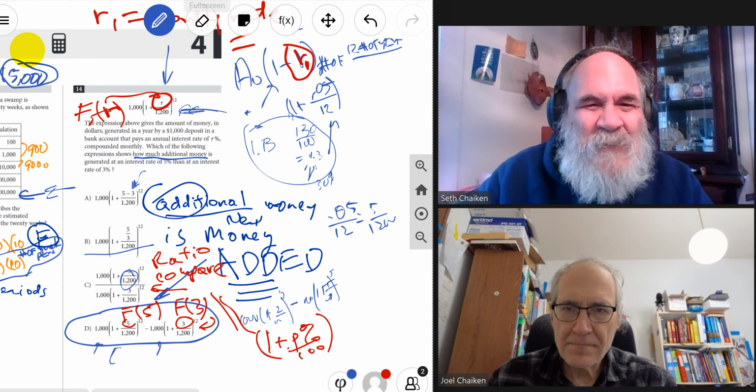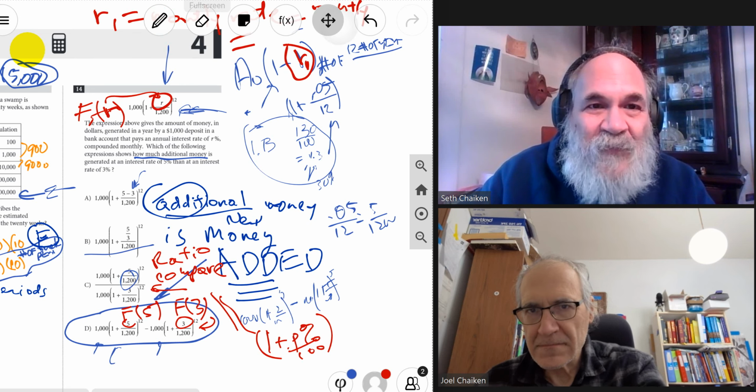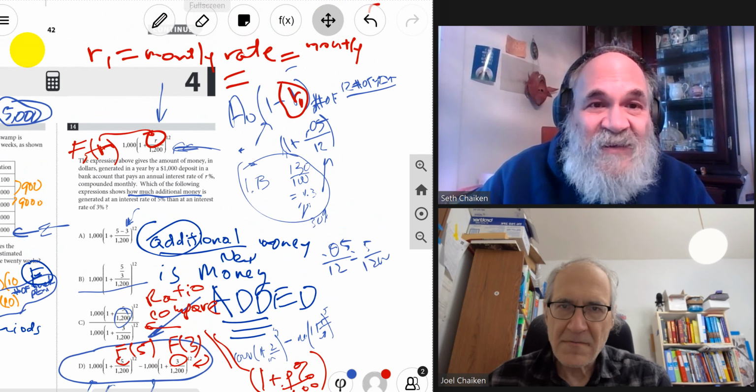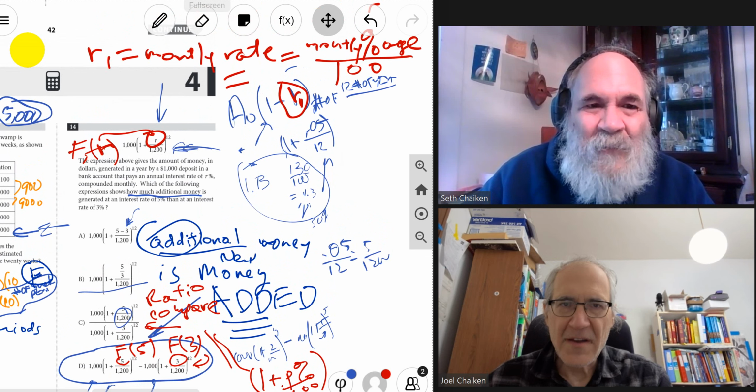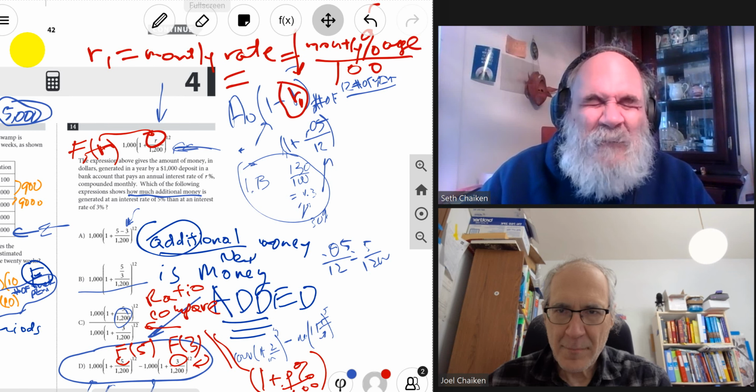And then furthermore, R here, monthly rate, is the fraction, which is the monthly percentage divided by 100. That is R1. And here little r is the yearly percentage.